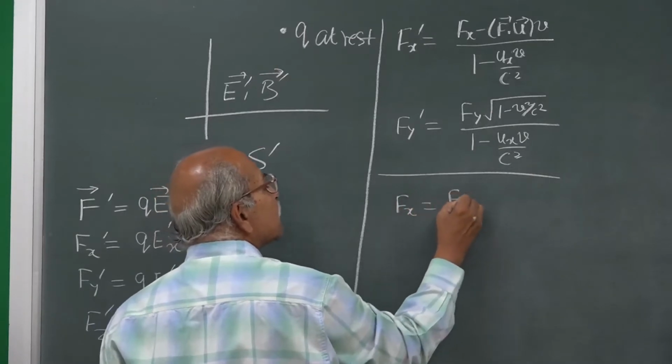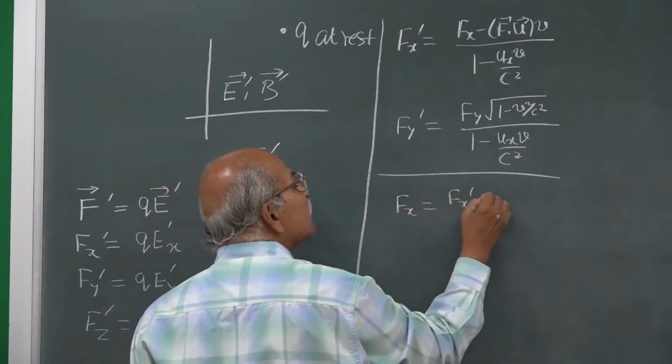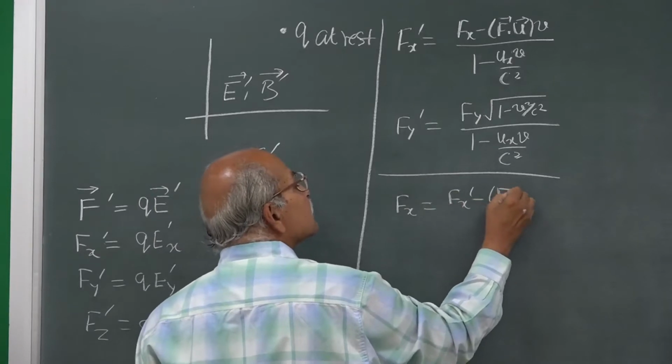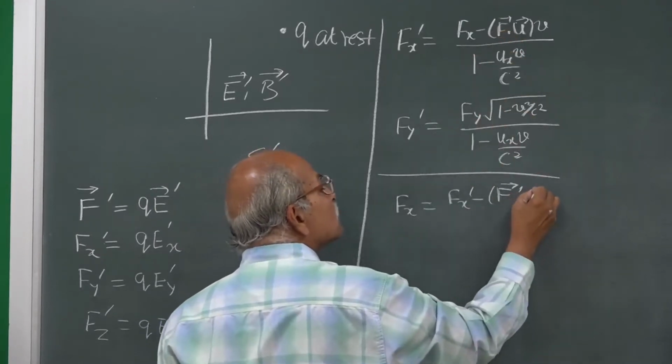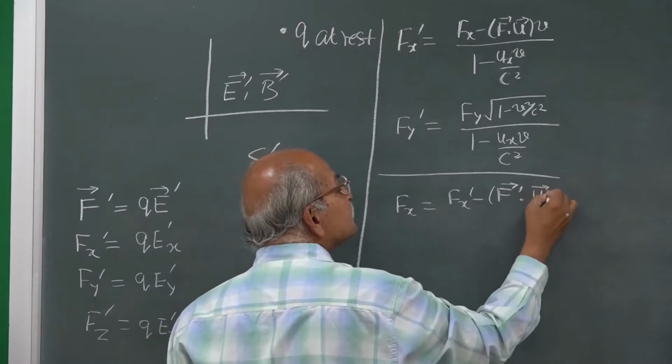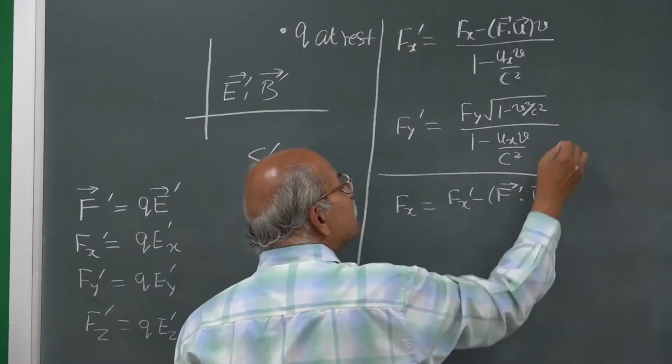Fx is Fx prime, and then this is F prime dot u prime, and then v becomes minus v.